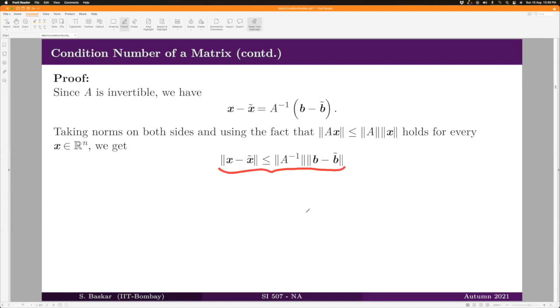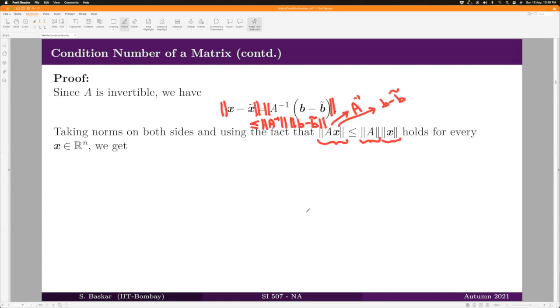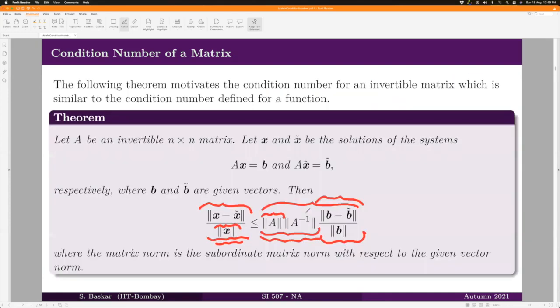Now, if you go back and see, what we wanted to prove is slightly more than what we got. What we want to prove is norm x minus x tilde divided by norm x is less than or equal to this quantity.